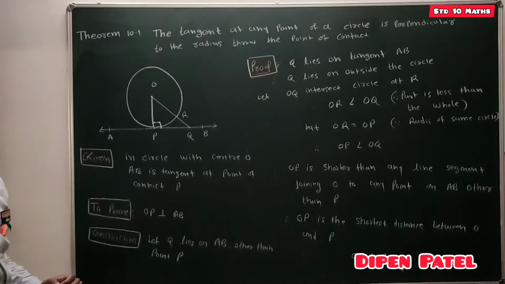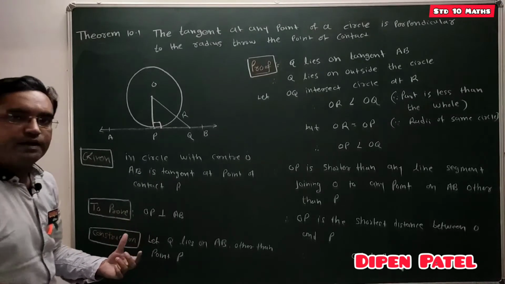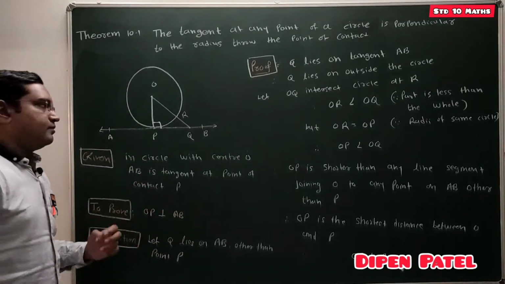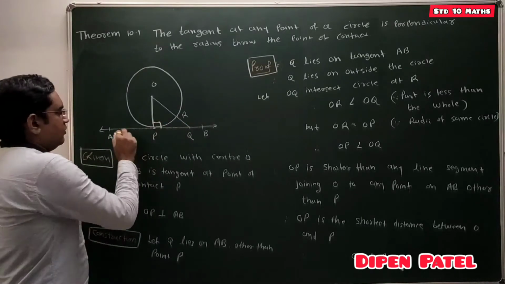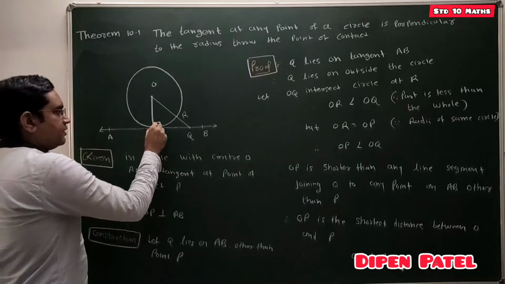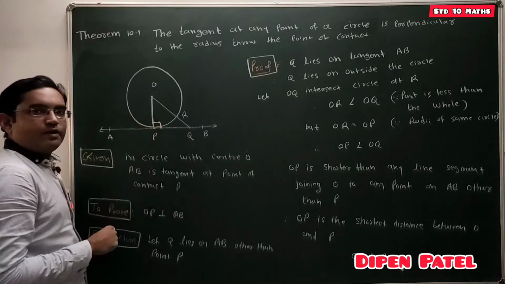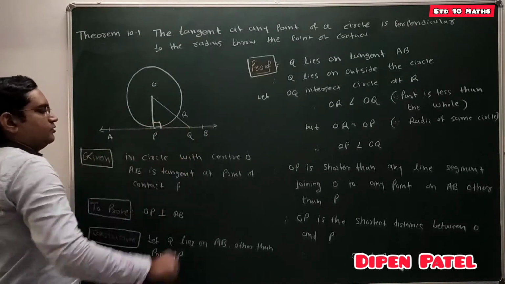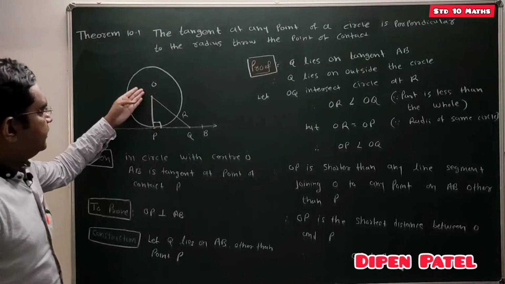Done? Now construction. To prove this, what are we doing? We are taking one point Q on line AB except the point P. That means we have to consider one point Q on line AB except this point P. Point P is the point of contact. So here we have considered point Q and join this point Q with the center.